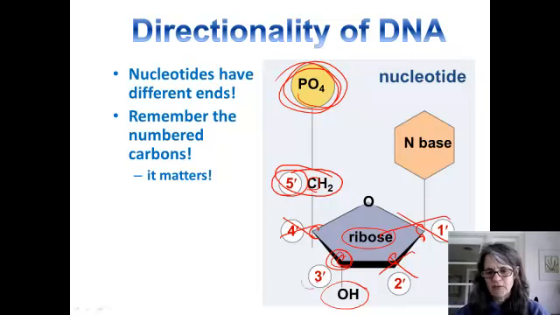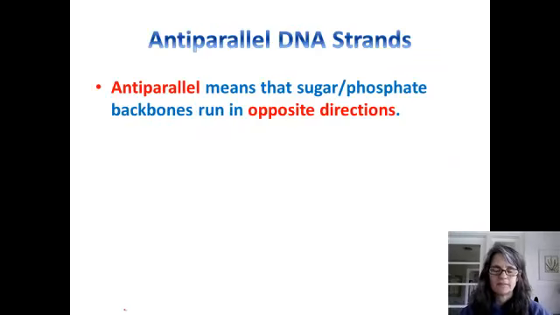It is this 3' and 5' that we are going to keep a watch over because it will matter to us eventually. All right. There is a word that is going to come out of this 5', 3' directionality, and the word is anti-parallel.